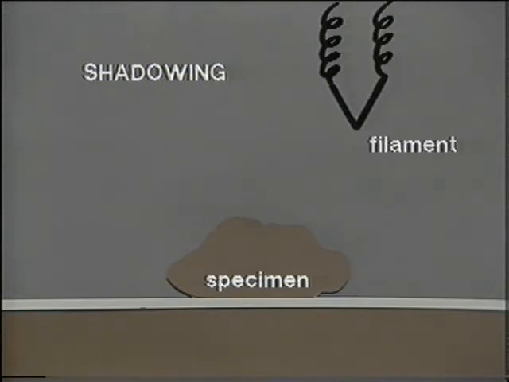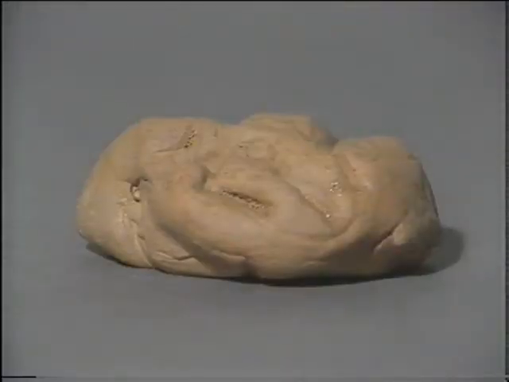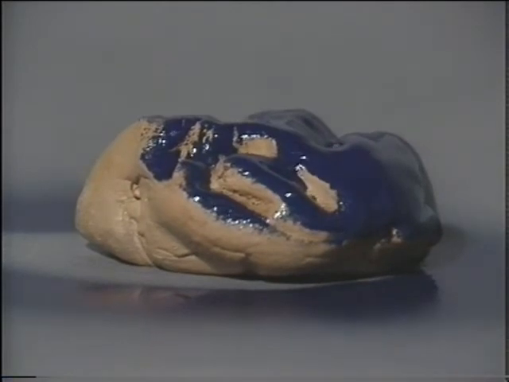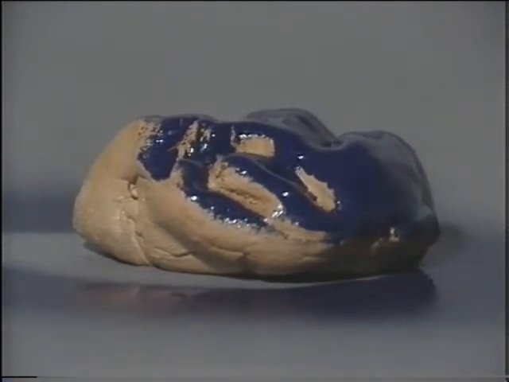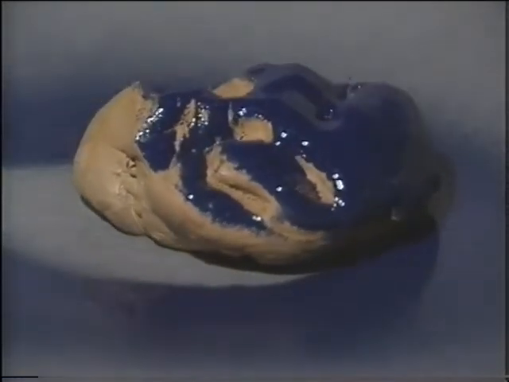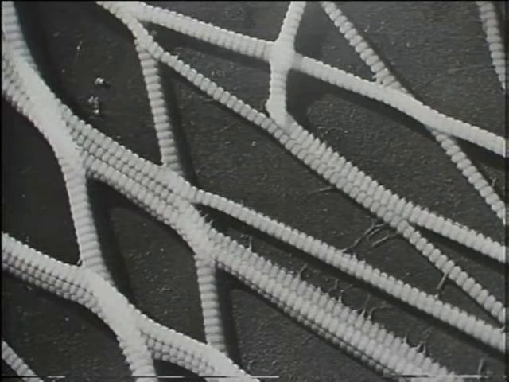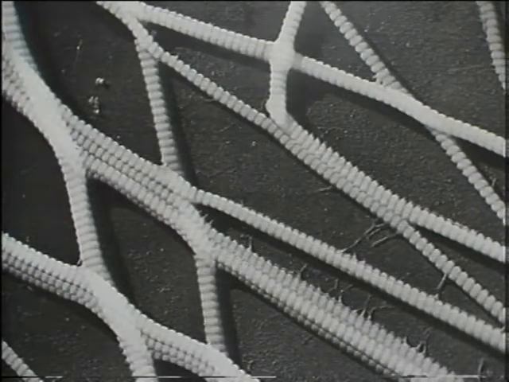The specimen is put into a vacuum chamber and then subjected to a beam of heavy metal molecules evaporated from a heated filament. The metal condenses around the specimen, and when viewed in the electron microscope, it casts a shadow, which makes the specimen stand out more clearly. Like these collagen fibrils from human skin, magnified about 100,000 times.